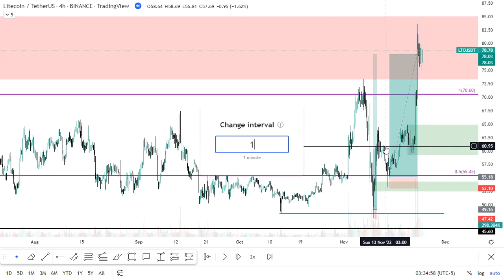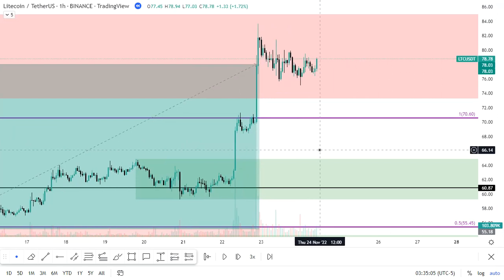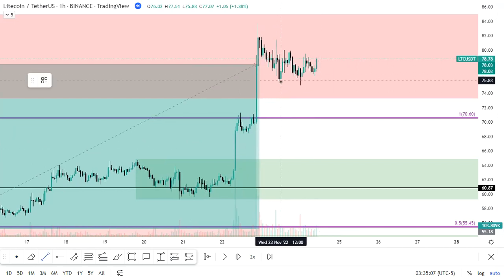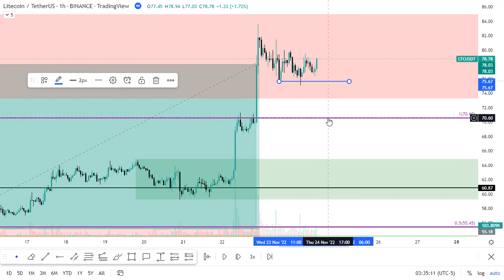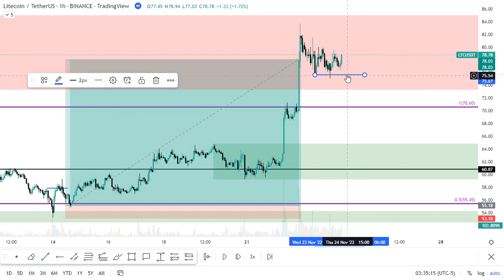And now we go to the 1 hour chart to see if the price does some sort of rejection. We take this low. If price comes below it, price might do a bigger correction.